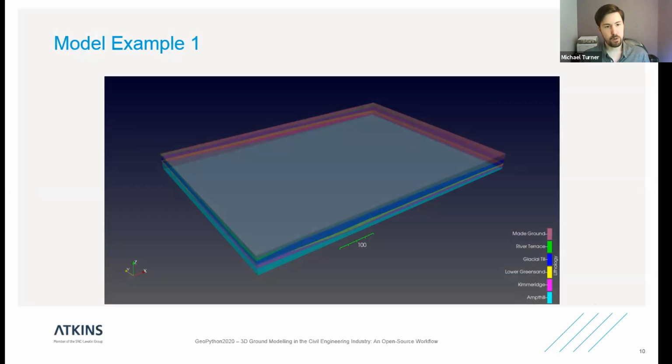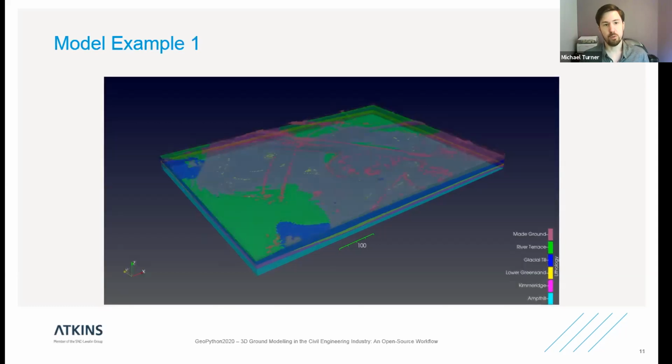But because the voxel data is in real world 3D coordinates, we can very simply crop the block based on raster data, for example, LiDAR data that we have for the site. So if we do that, we can start to see a bit more of what we're expecting. So here we've got a road coming through on an embankment, a bit of a road junction and another one crossing underneath.